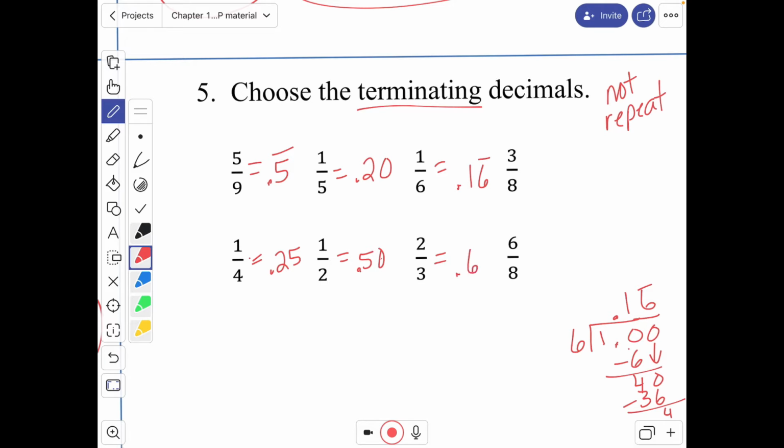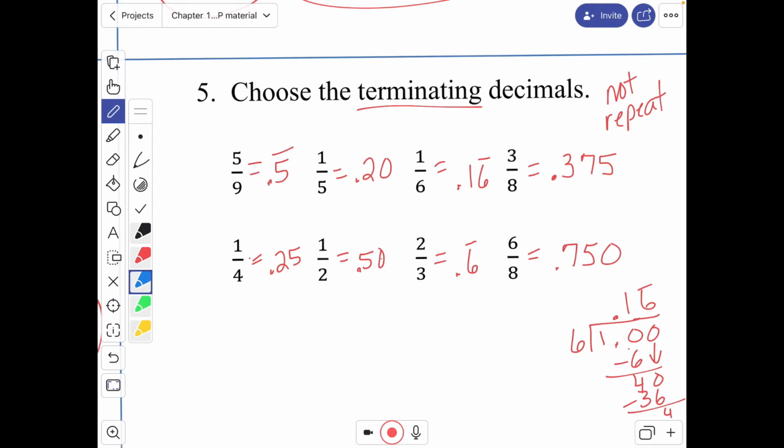2/3 is 0.6 repeating. 3/8 was on our list. It's 0.375. Remember, eighths count by 125, so you just have to add 125 every time. 6/8 is 0.750. So which ones were terminating?